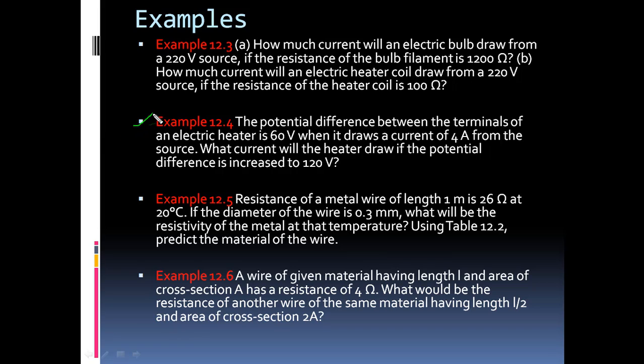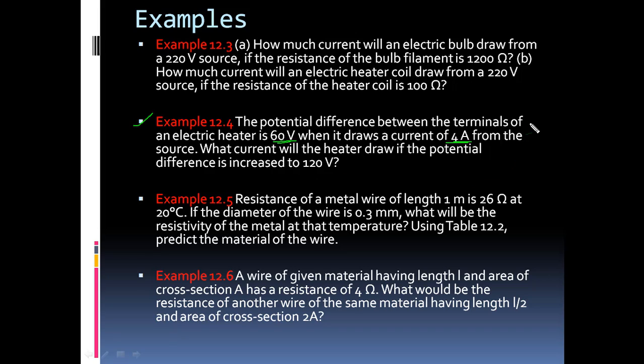Next question. Example 12.4. Potential difference between the terminals of an electric heater is 60 volt. So here this is the potential difference V, when it draws a current of 4 ampere, this is I, current from the source. What current will the heater draw if the potential difference increases to 120 volt?